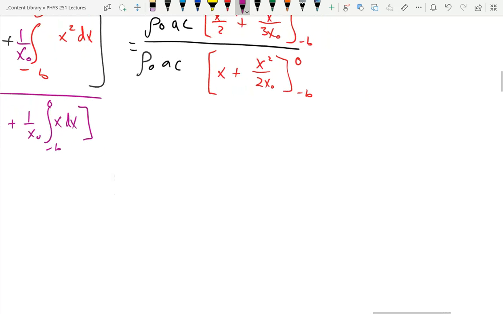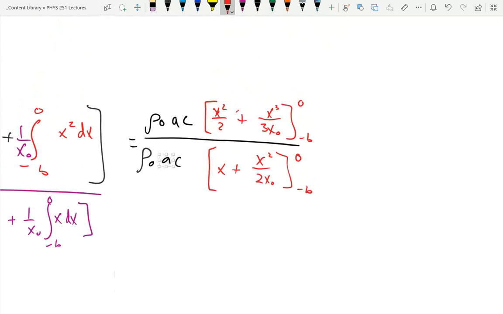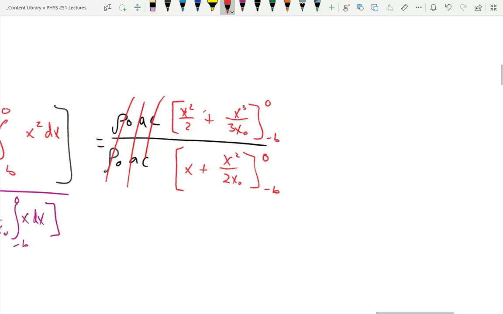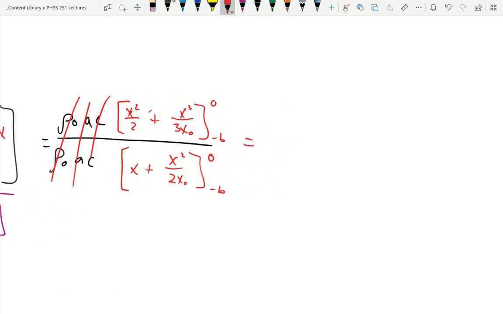So now I just have to put in my limits, and I am going to cancel here. There's no reason to keep those along. So I put in my limits. Notice the upper limit on top and bottom is always going to give me 0 here because it's x in the numerator position. So I only have the lower limits to worry about.